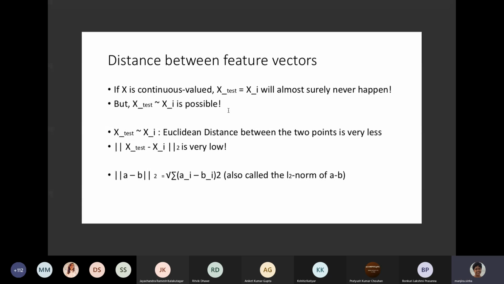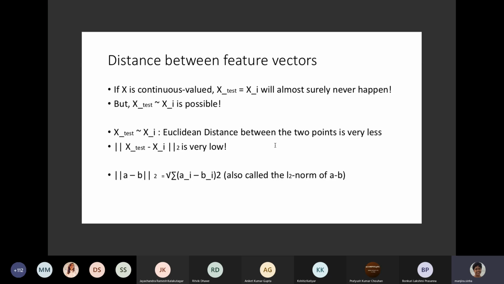What does this close match mean? It means that generally the distance between these two points is very small. When we talk about distance, we generally consider the Euclidean distance between the two data points, and this is represented by this: the norm of x test minus xi is very low. This is the L2 norm, we will come to that.